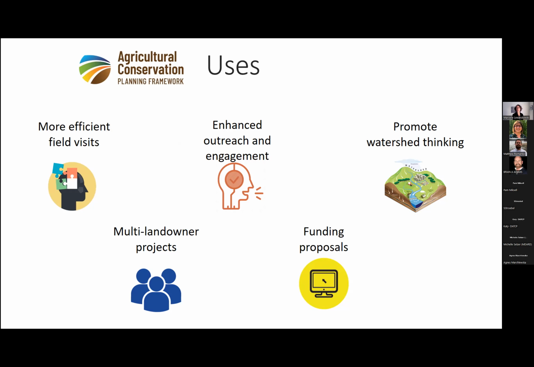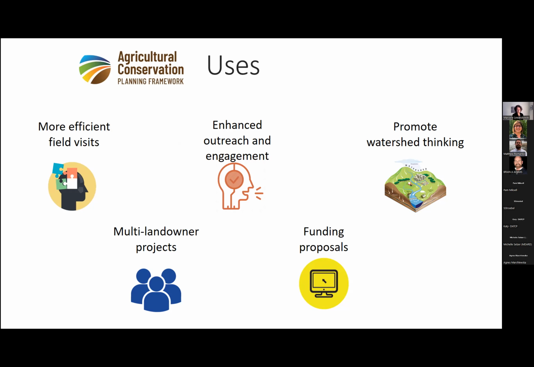If you have these ACPF maps that are showing some of these different practices around the watershed, you can put an individual farm or field in the context of what's going on upstream and downstream, and get away from feeling like this one site is going to make some big difference. It makes a difference because of how it's connected upstream and downstream. So it's useful to help illustrate that to people.